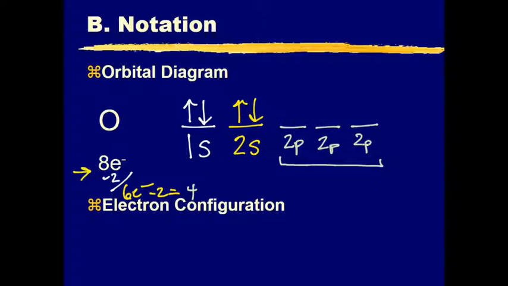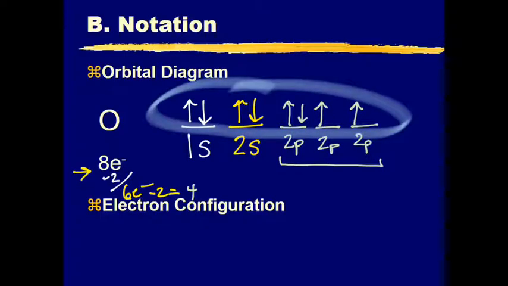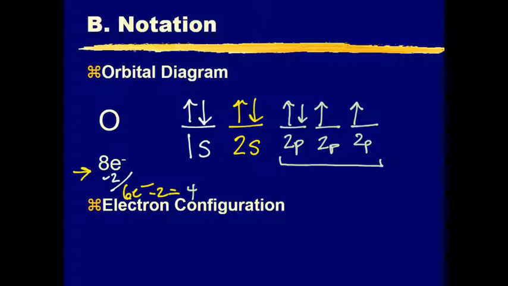We need 4 more electrons. Hund's rule says you've got to spread them out first, 1, 2, 3, then go back and double up. We've doubled up. If you count the total number of electrons here, you should have 8 electrons. That is the orbital notation for oxygen.